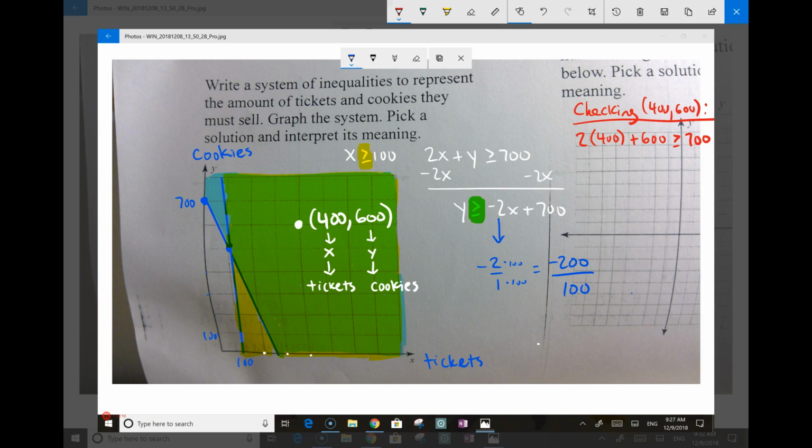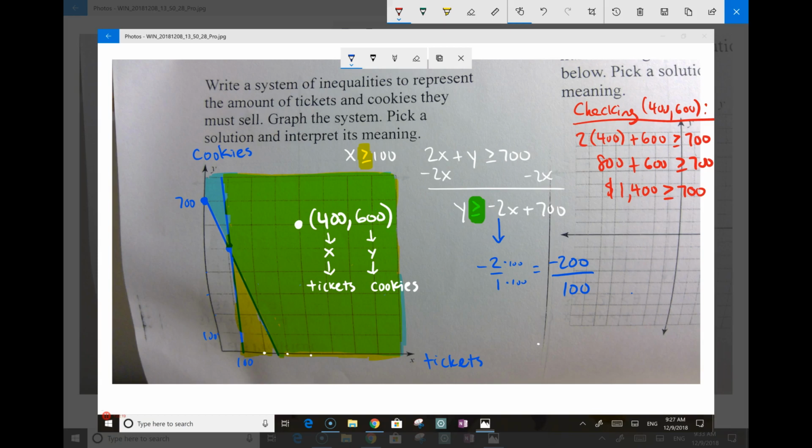So 2 times 400 is 800, and that is right away bigger than 700. So I already met my requirement, but I'm going to go ahead and continue. If I add these together, I get 1,000, a profit of $1,400, and that profit exceeds my minimum of $700 by double the amount. So I've more than covered the minimum requirement for this event.